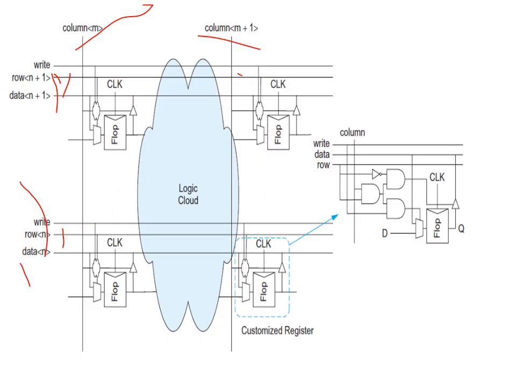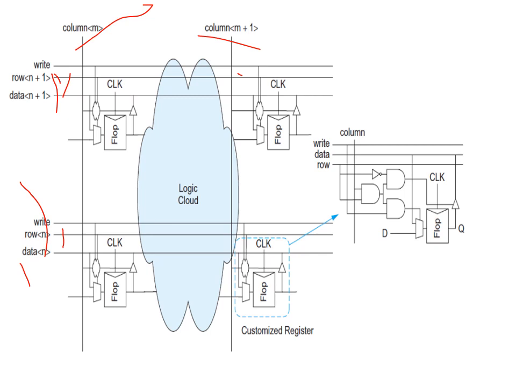To overcome the problem with the previous structure, we can go for a parallel scan based approach. The basic idea is to divide the structure into small modules. The figure shows a 2 by 2 register section. Each register receives a column and row access line along with the data line.